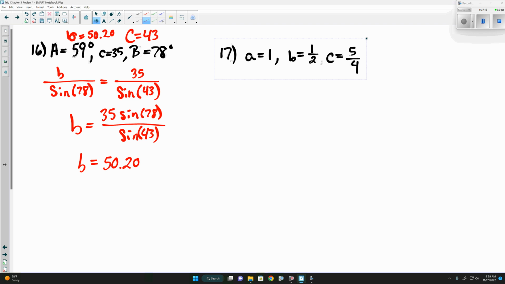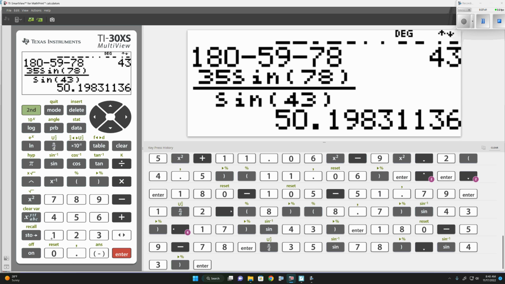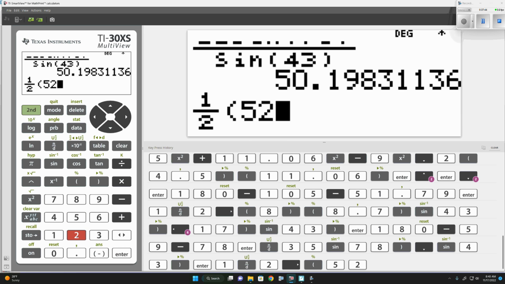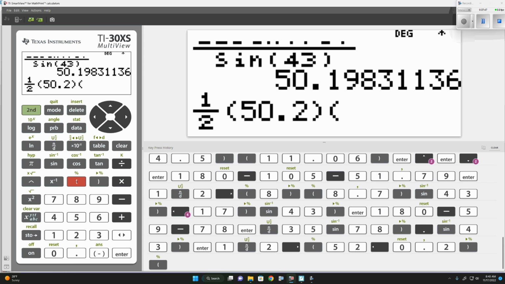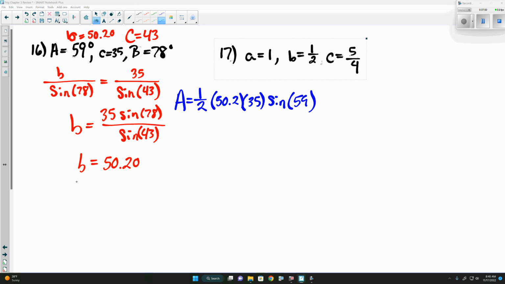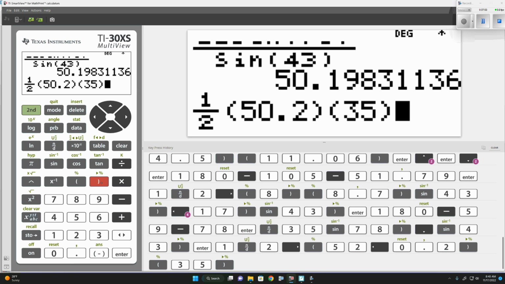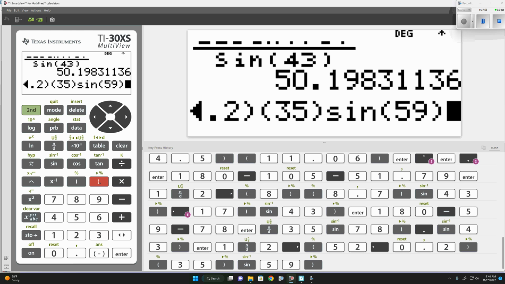So really all this is saying now is that area is equal to 1/2 of 50.2 times 35 times sine of, because we did B and C, the angle has to be A, because it's always the angle between the two sides. So if we picked B and C, we have to take angle A. And we plug it in. Half of 50.2 times 35 times sine of, I think it was 59, wasn't it?